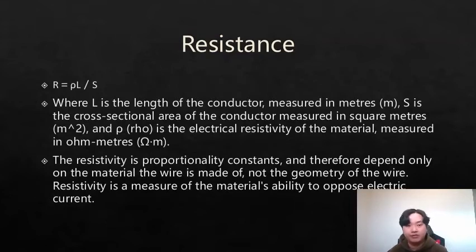The resistivity is a proportionality constant and therefore depends only on the material the wire is made of, not the geometry of the wire. Resistivity is a measure of the material's ability to oppose electric current.